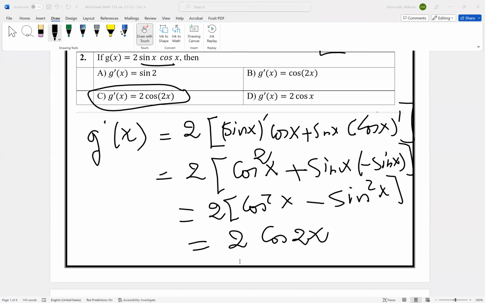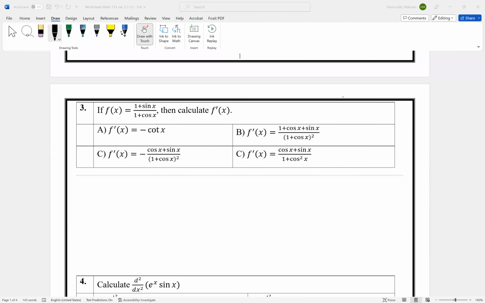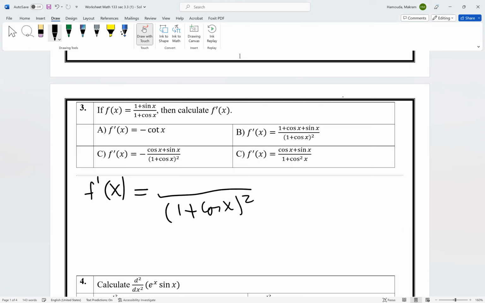Now we can move to MCQ number 3. F prime of x here, I will apply the quotient rule. So I have the denominator squared, 1 plus cosine x squared. And in the numerator, the derivative of 1 plus sine x: derivative of 1 is 0, and derivative of sine, that's cosine, multiplied by the function in the denominator without derivative.